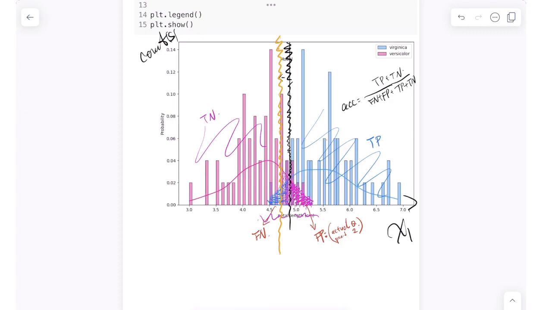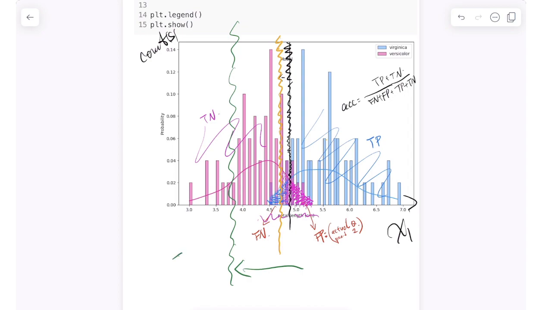Let's take a look at this very strange boundary line. If you really move your boundary line to here, to the green line, you can see that all the positive samples, which are the blue ones, will be correctly classified.